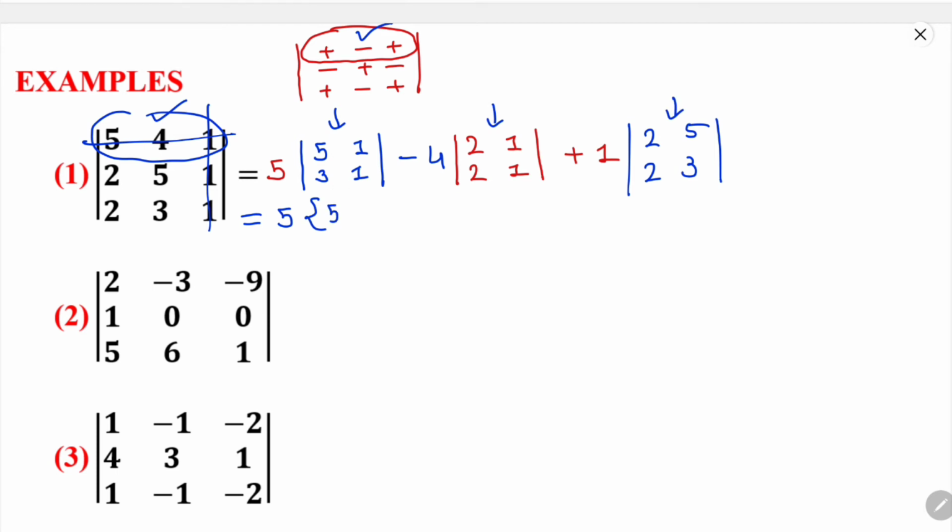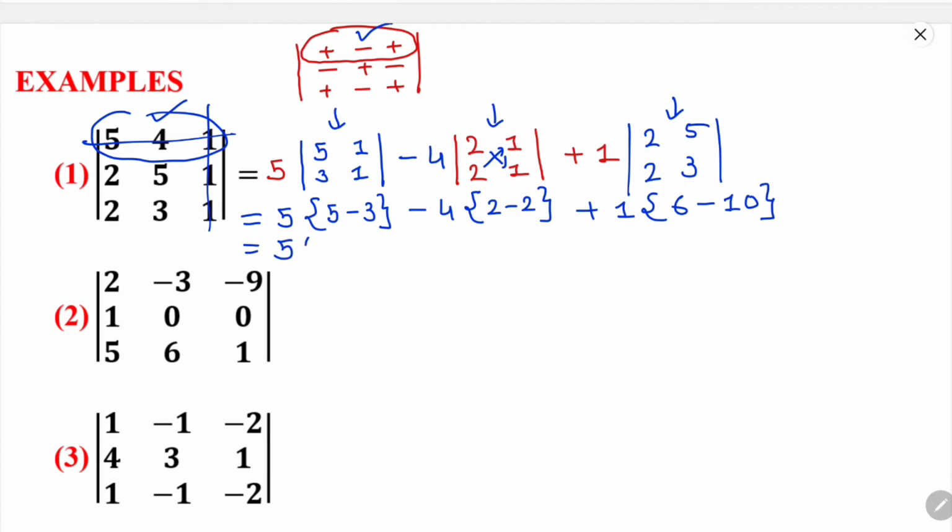5 ones are 5 minus 3 ones are 3, minus 4 into 2 ones are 2 minus 2 ones are 2, plus 1 into 3 twos are 6 minus 5 twos are 10.